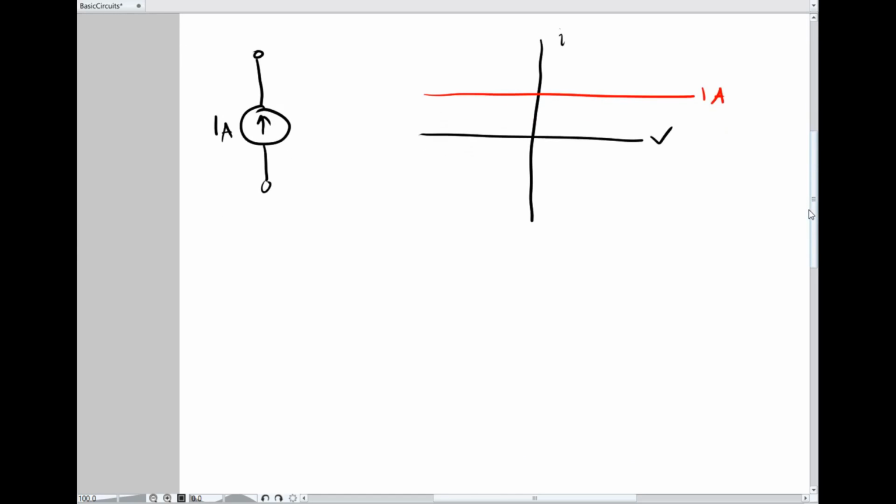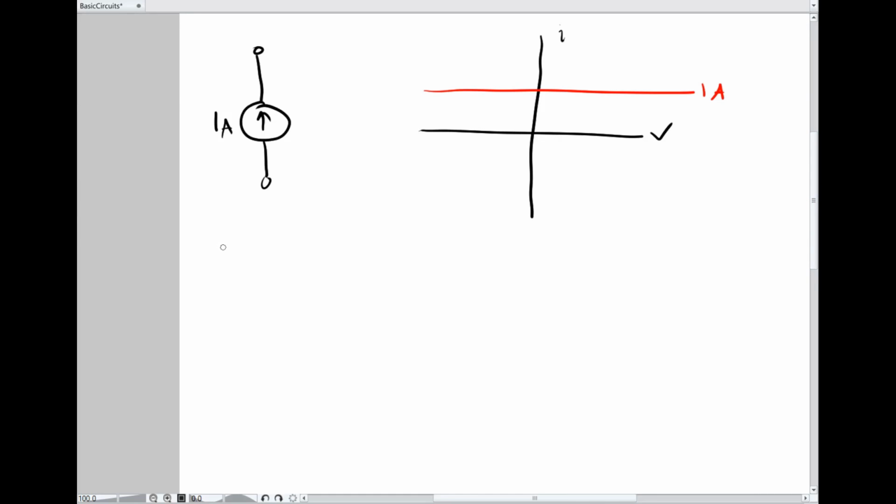If I connect, well, first of all, you know that drawing I made where I drew a voltage source and connected it to another voltage source, and I showed something that doesn't make sense. This also doesn't make sense, right? What I've drawn here in itself doesn't actually make any sense.